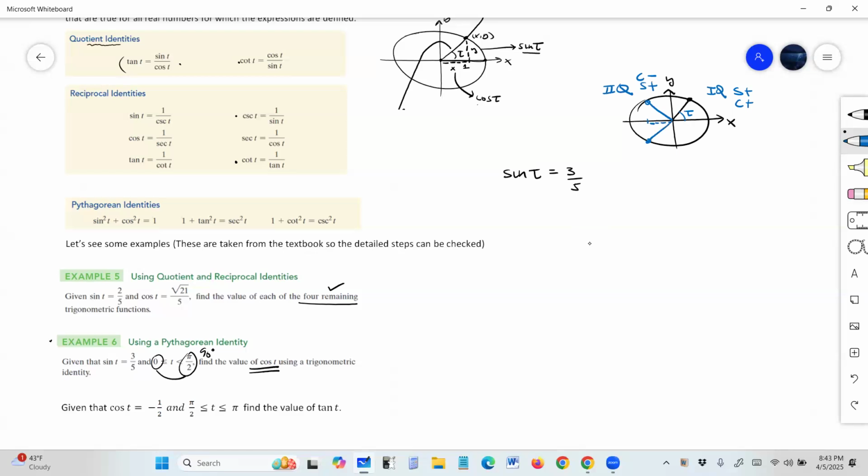In the third quadrant, both sine and cosine are negative, and in the fourth quadrant, sine is negative and cosine is positive. Now remember, the sine is the y coordinate and x is the cosine.